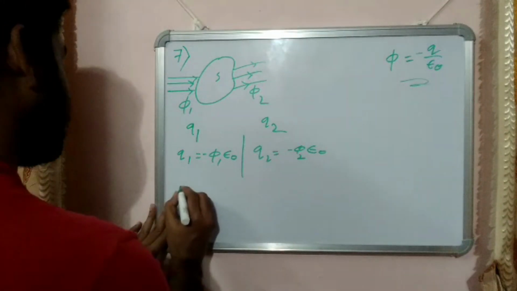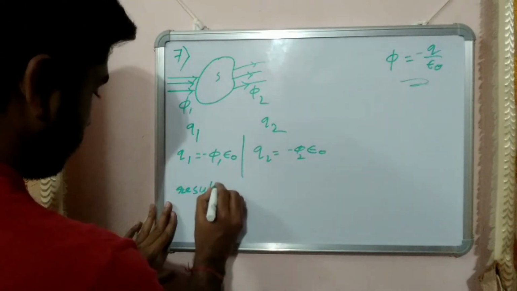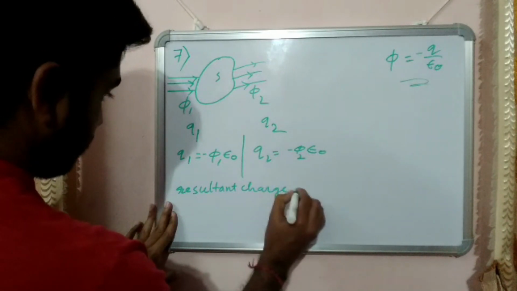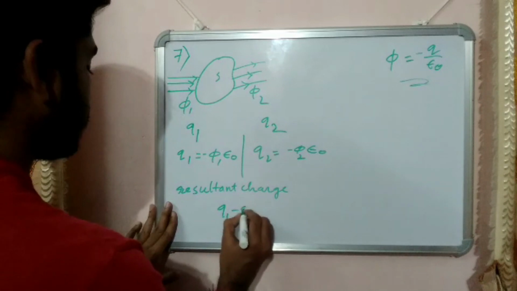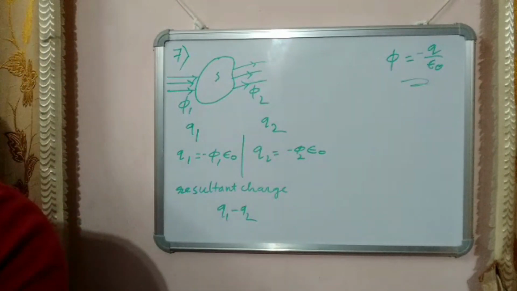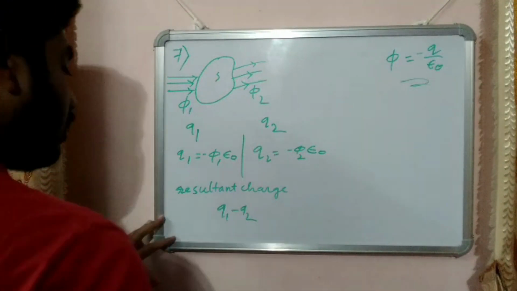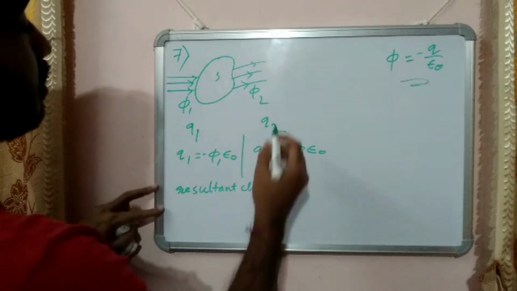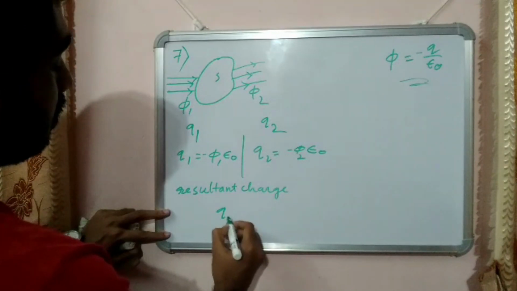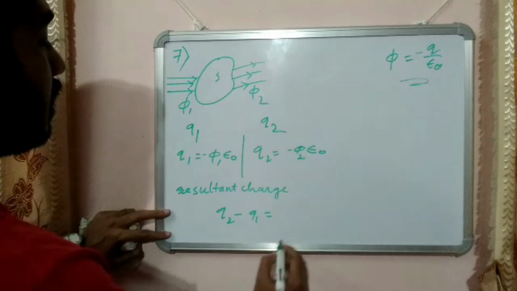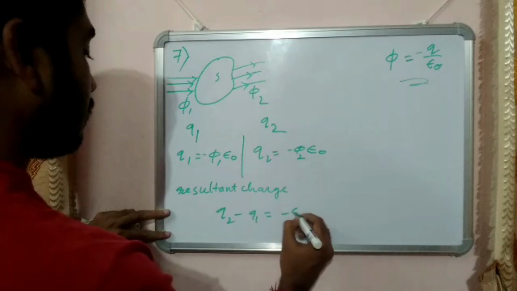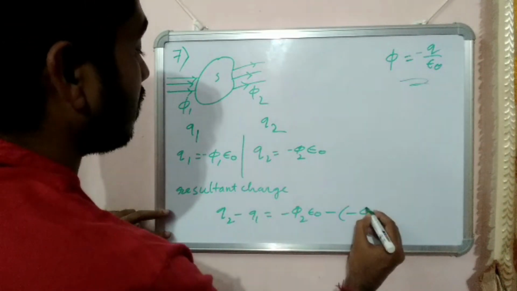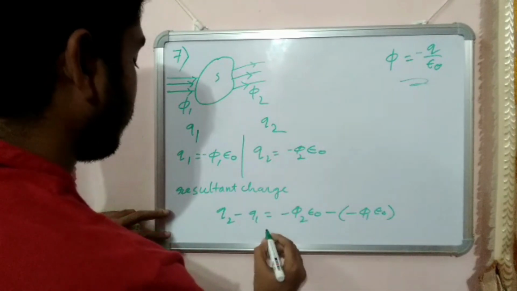So the resultant charge is Q1 minus Q2, or as we are calculating the resultant, we will do Q2 minus Q1 and it will be minus phi 2 epsilon 0 minus of minus phi 1 epsilon 0.